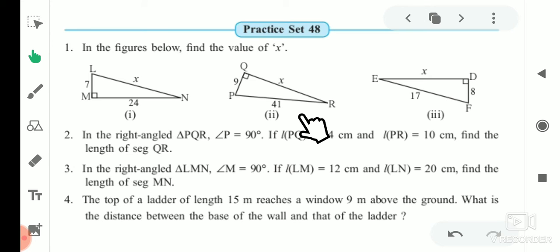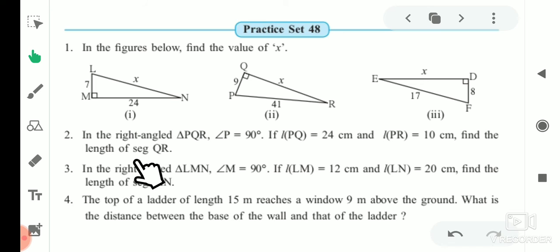By using the formula, hypotenuse square will be equal to base square plus height square. In this triangle, what is the hypotenuse? Yes, PR is the hypotenuse here. So PR square will be equal to PQ square plus QR square. Here EF is the hypotenuse, so EF square will be equal to DF square plus ED square. In this way you have to calculate the value of X.